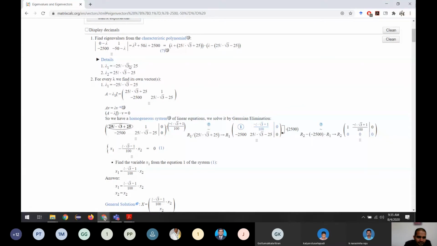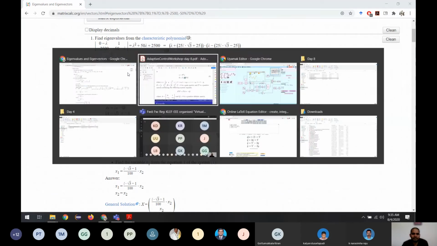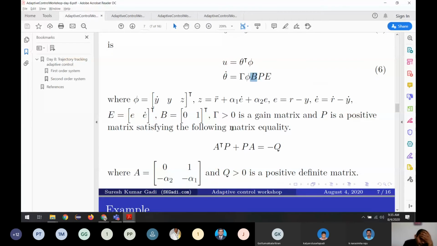you can see there is some imaginary part. This is not important for us; what is important is that the real part should be negative. The real part is minus 25. So this system is stable because the eigenvalues are negative. From this equation, if you multiply a negative with a positive, you expect a negative.